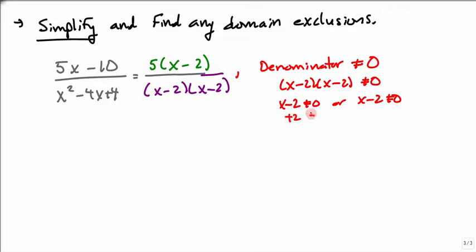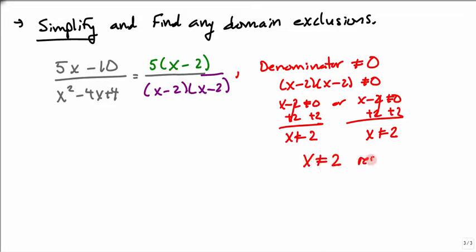I'd add 2 to both sides. x equals 2. And if you look carefully here, I get the same root both times. So I get x cannot equal 2. So this is my restriction.